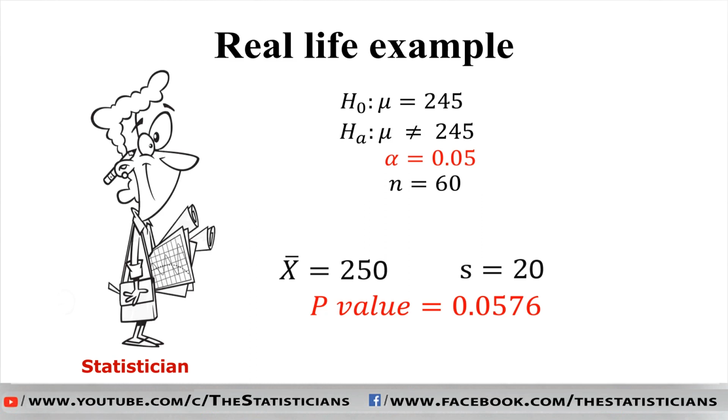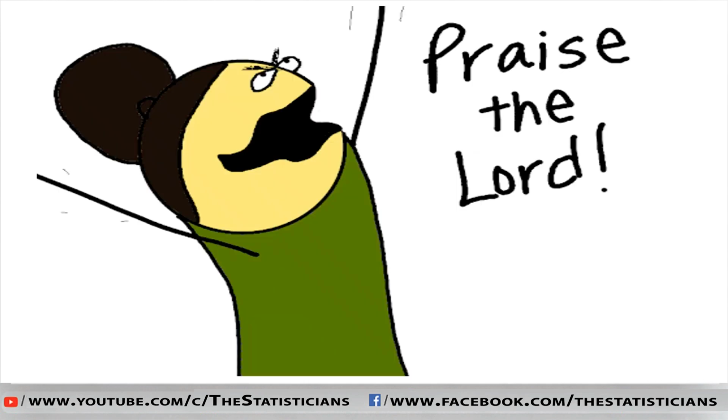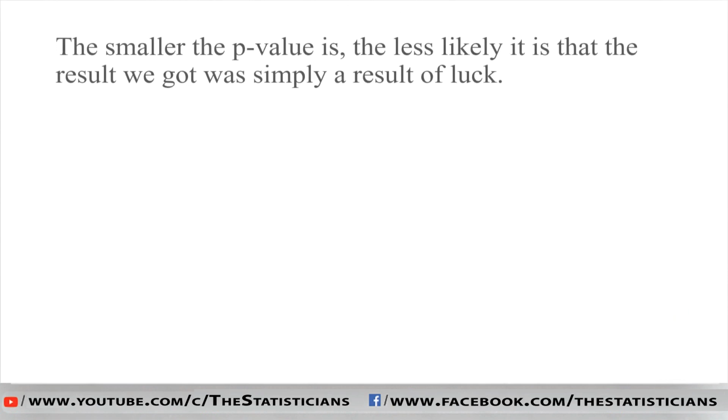This p-value of 0.0576 does not provide enough evidence to reject the null hypothesis. In this case, the manufacturer does not have evidence to say that the amount of chemical is different from 245 ppm. This is a relief.